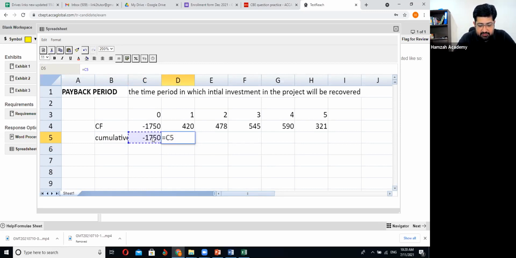This is negative. This received. Positive. What is remaining? Remaining this. Now, this was negative. This received. This is remaining. Negative. This recovered.